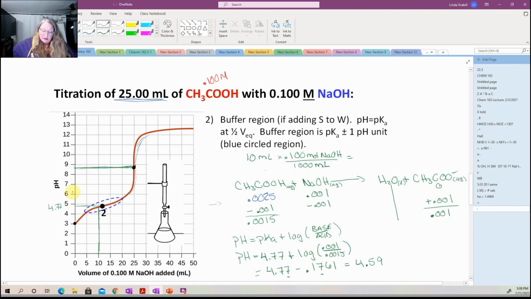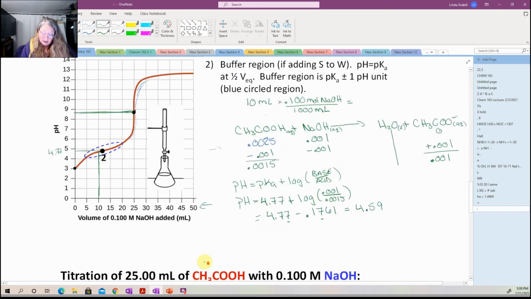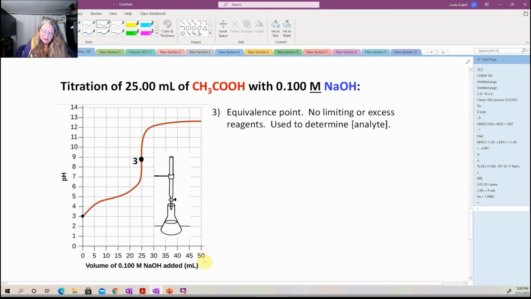We had our concentration of our strong base, and then the amount that we've used, we've taken from this axis. We were able to use our equivalence point to determine how many moles we actually had of our acetic acid, and then from there work back, and we figured out pH at 10 milliliters, and now we can figure out anything in that buffer region. We are good to go. So we got a lot of information out of just a few things.